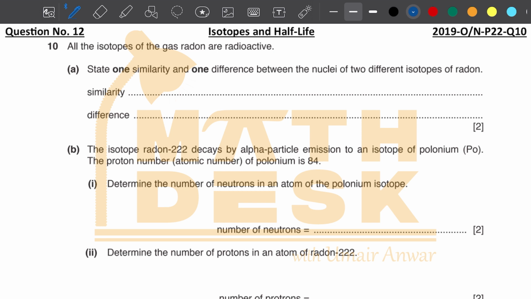State one similarity and one difference between the nuclei of two different isotopes of radon.